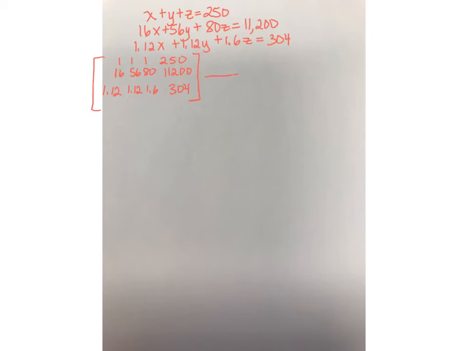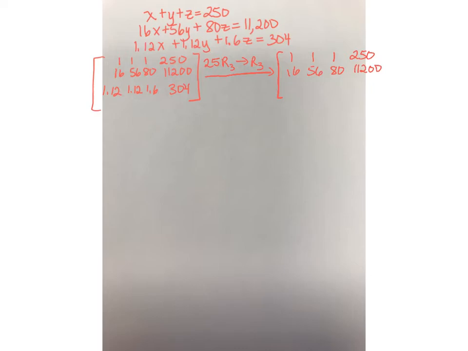So we're going to have 25 times row 3 to get a new row 3. Rows 1 and 2 do not change, so we'll have 1, 1, 1, 250. Then we're going to have 16, 56, 80, and 11,200.